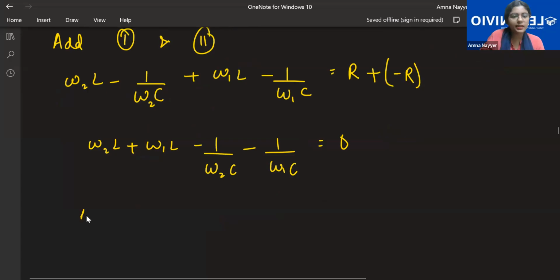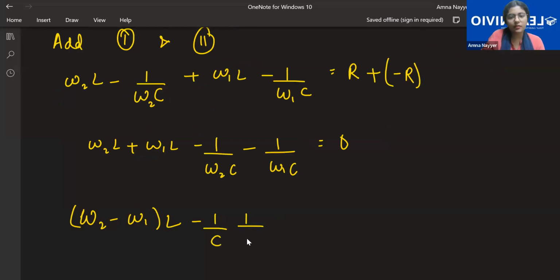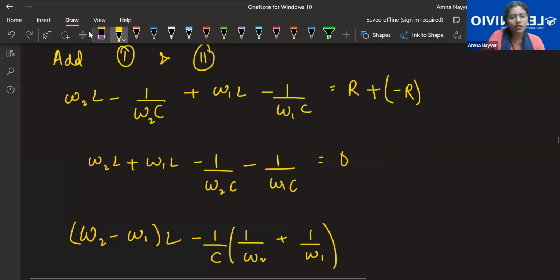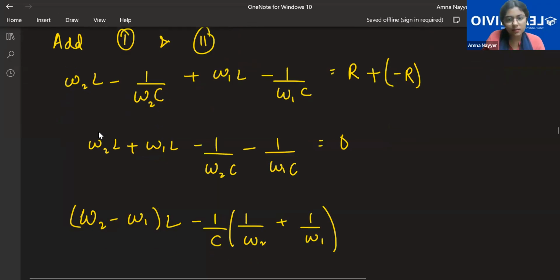Now let's take L common from this side. So here omega 2 minus omega 1 will be left, minus, if I take C common, here 1 by omega 2 plus 1 by omega 1 will be left. Okay, and when I take minus 1 by C common, this term is equal to 0.